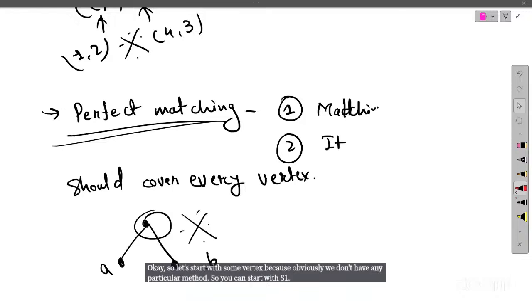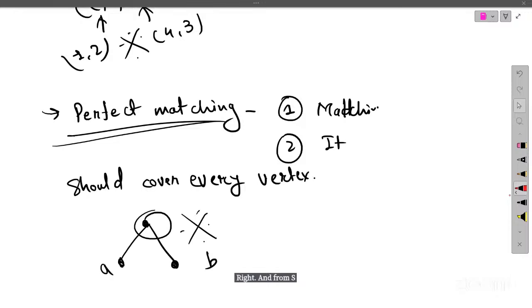Right, and from S1, if you want to make a pair, here what you have to do: for every edge there are two endpoints. For every edge one endpoint is some Si and another endpoint is some Di. So what do you do? Just name all the edges.